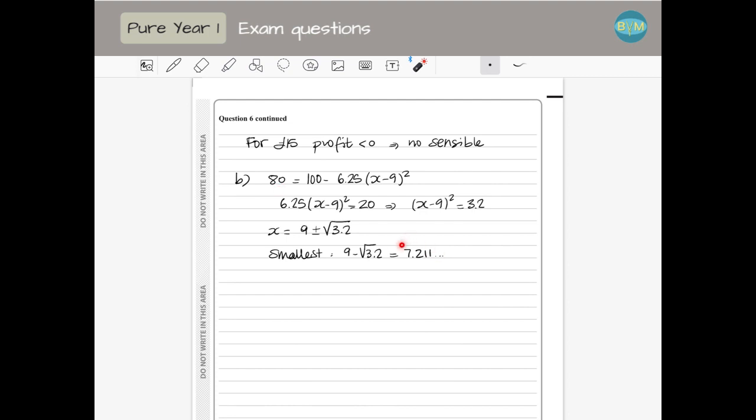I know you will try to round down, but with 7.20 or with 7.21 you won't get this profit. You will be super close, but it won't be enough. So we need to round up even if it's closer to 7.21. Does it make sense? So this is the smallest price.